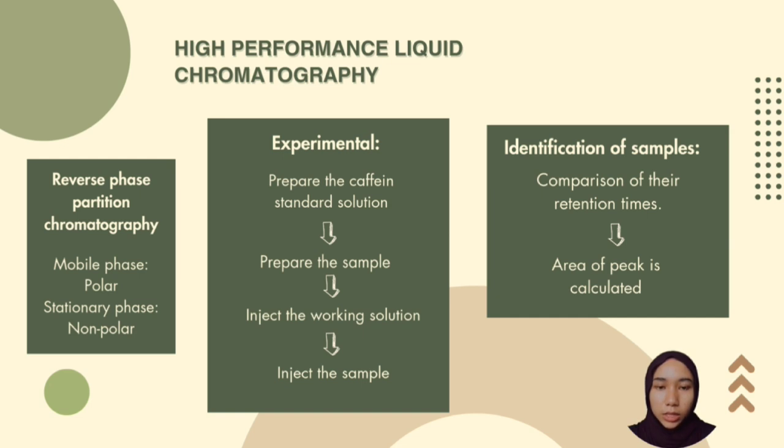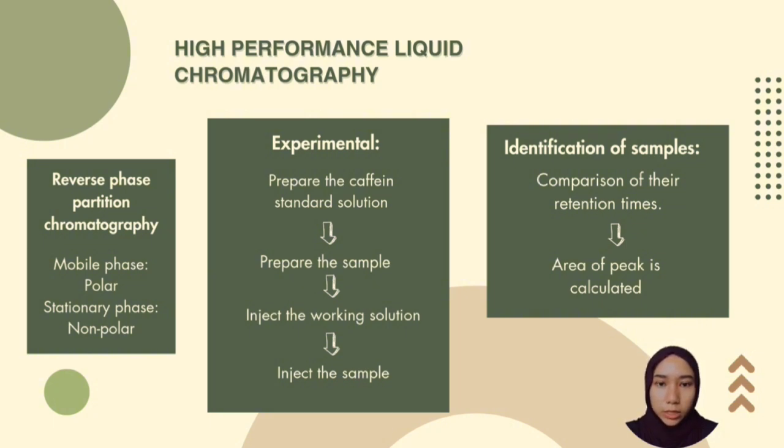Next, we calculate the peak area of caffeine. Finally, we inject the samples with the same volume as the working solution, and after the retention time of the sample is established, we measure the peak area.